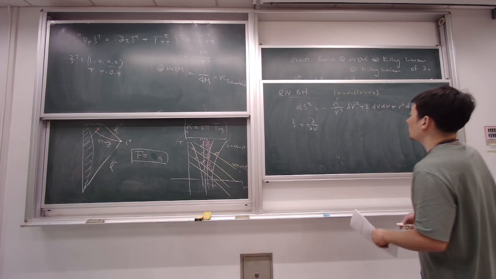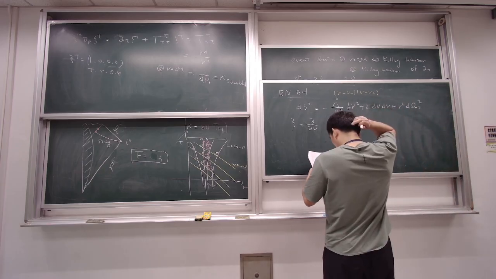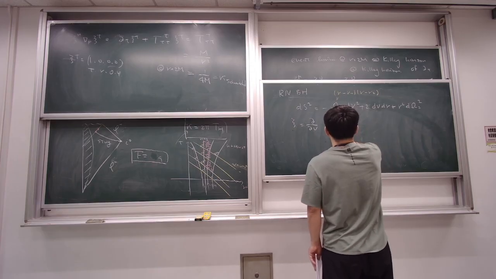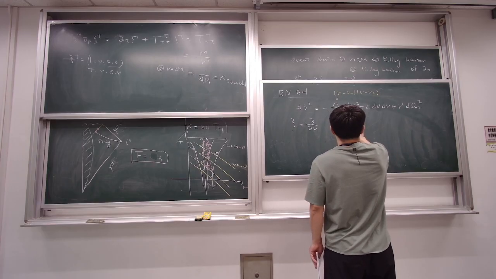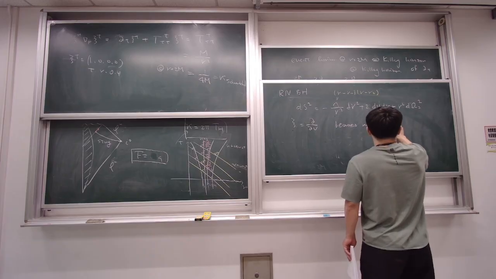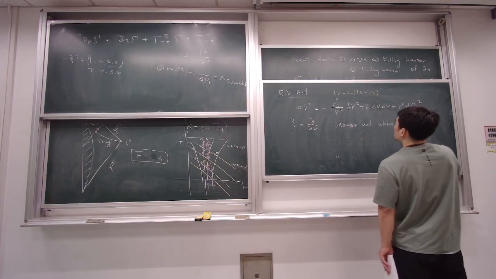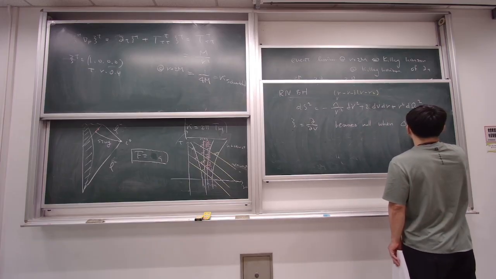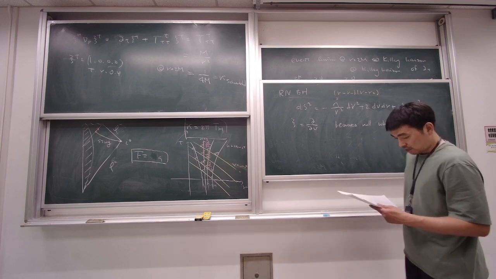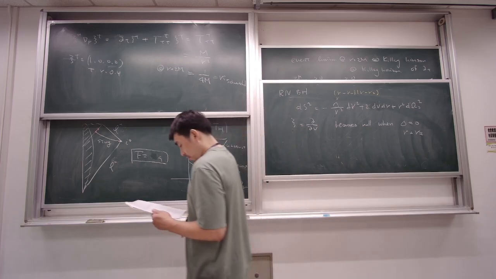Okay, and so this becomes null when delta equals 0, which means R is equal to R plus minus. Okay. R is equal to R plus minus.